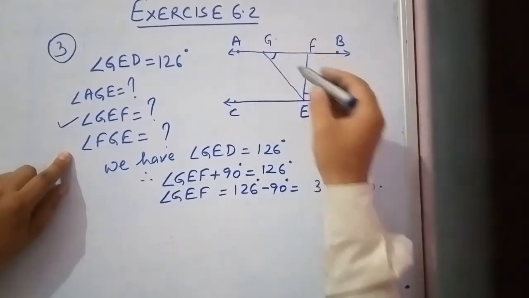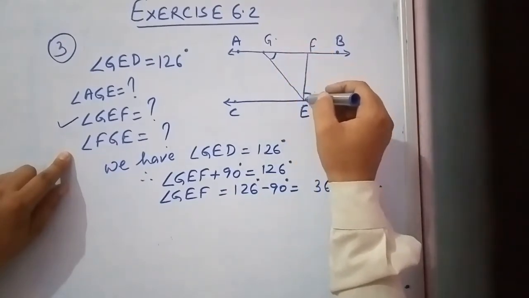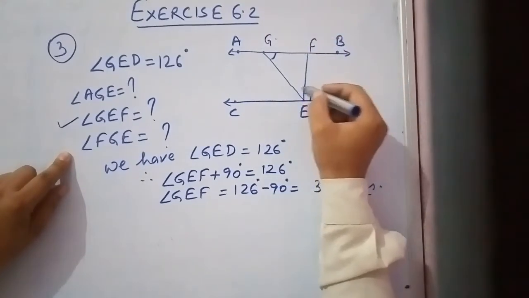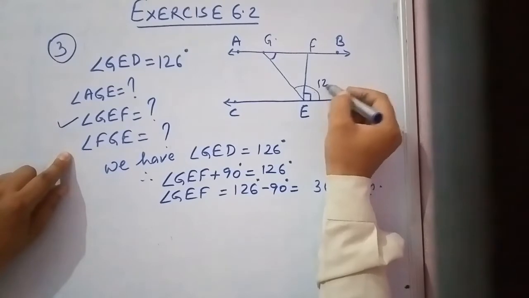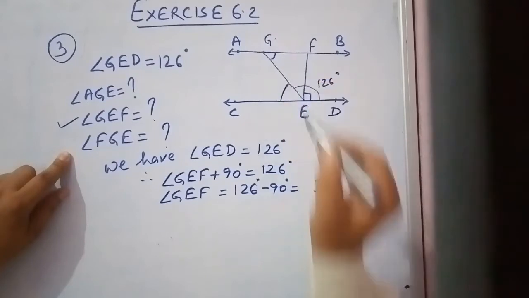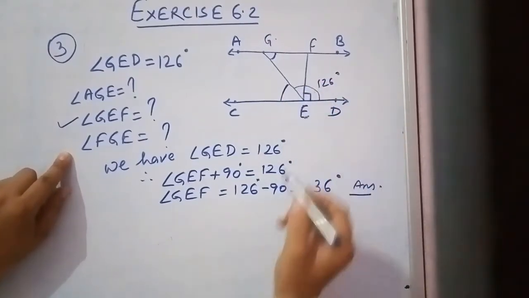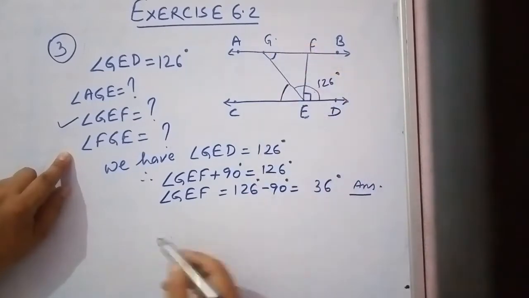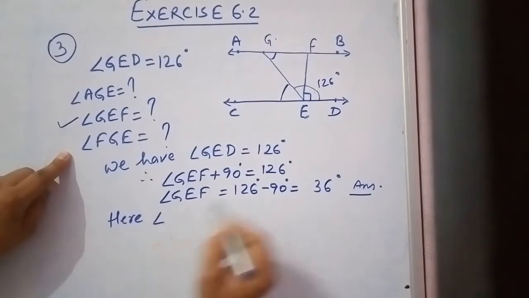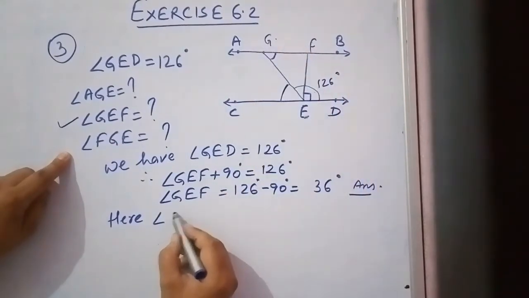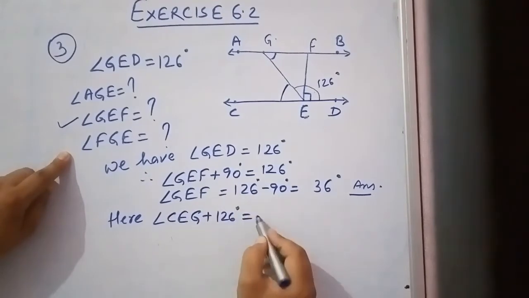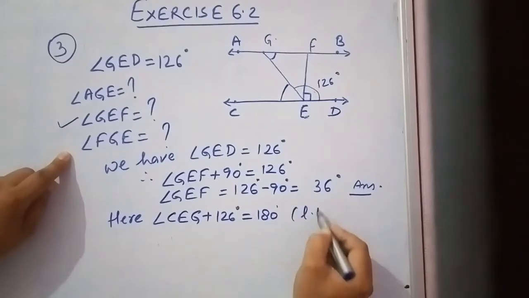Since this angle GED is complete 126 degrees, angle CEG plus 126 equal to 180, linear pair.